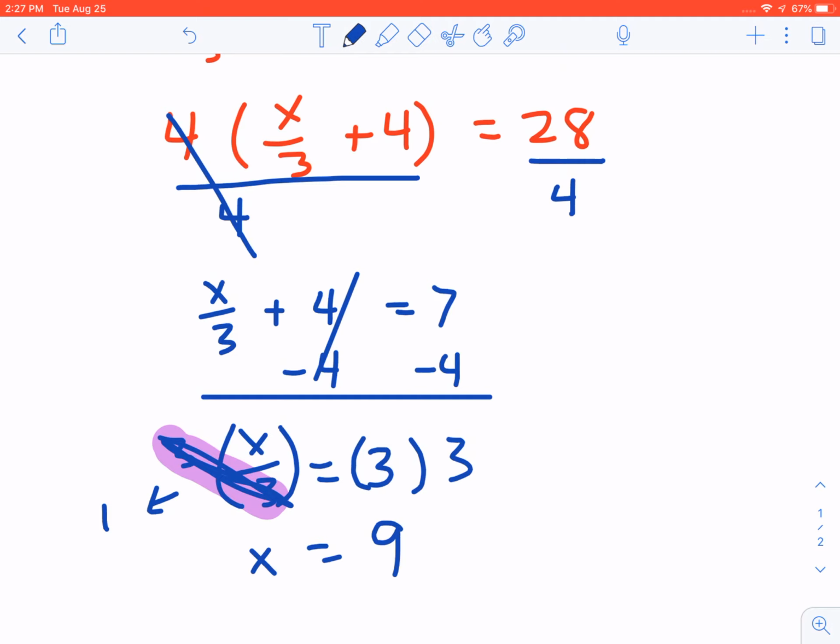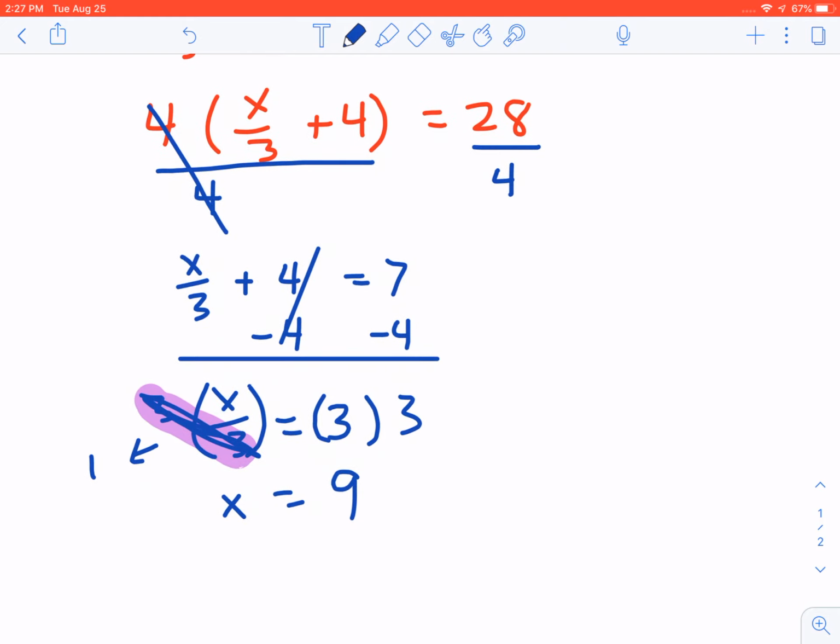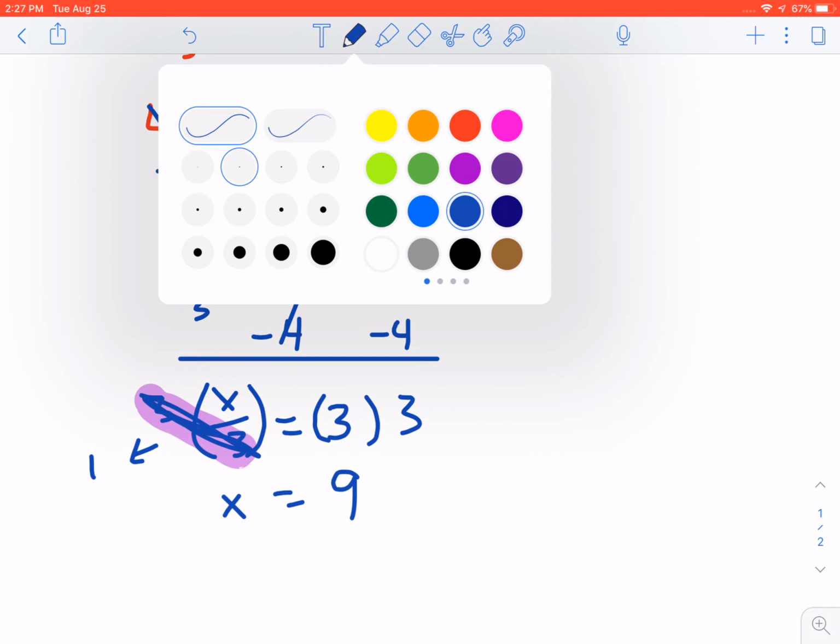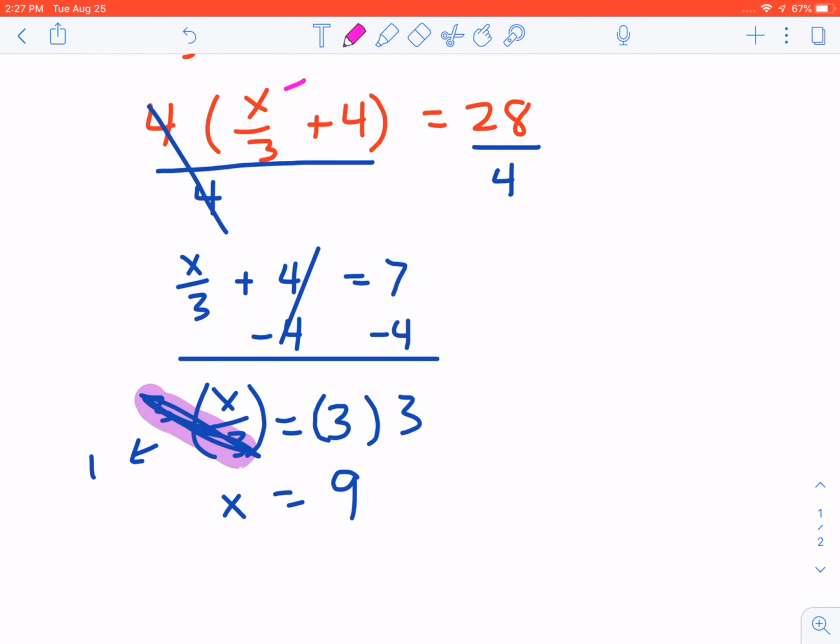Once again, I think it's extremely good practice, once we've decided what we think x is, to go back to the original equation and plug in our x value that we got. So if I got 9, we are going to rewrite the equation, plugging in a 9 for x.